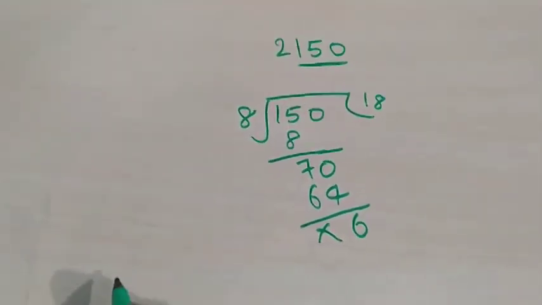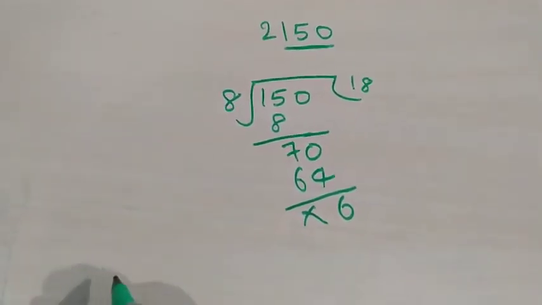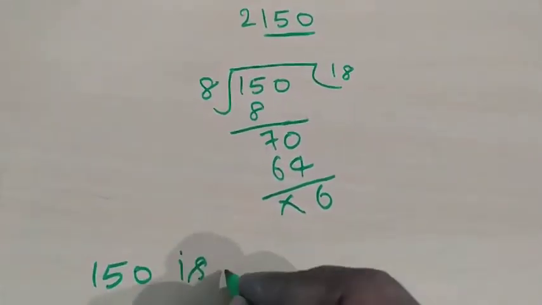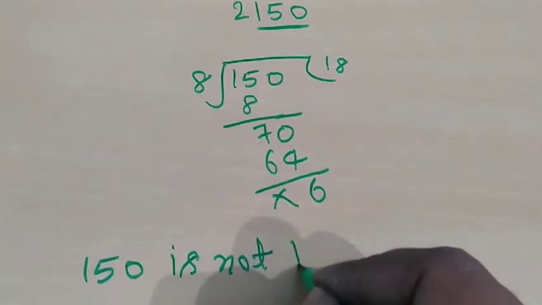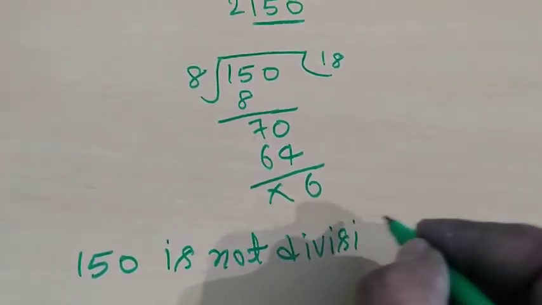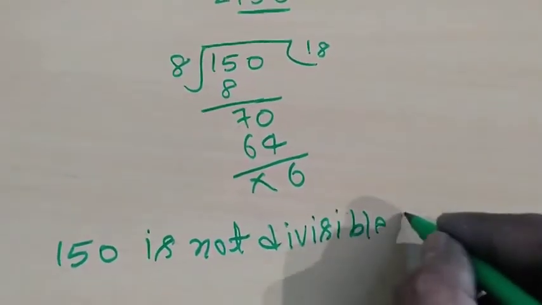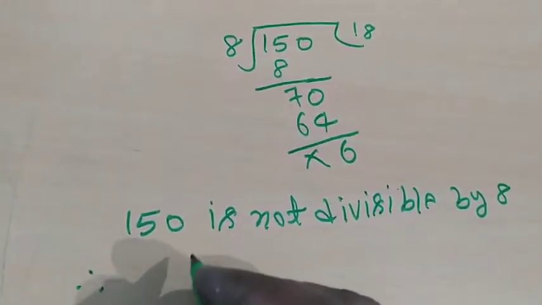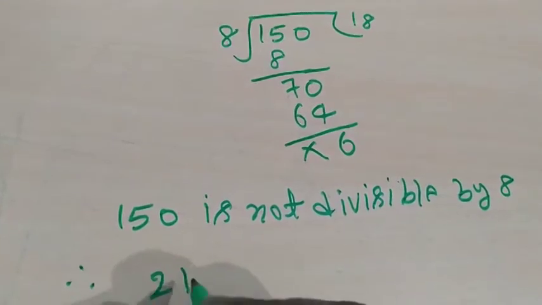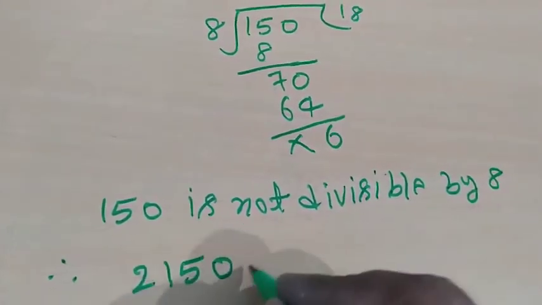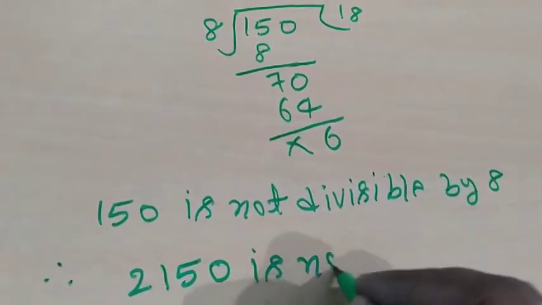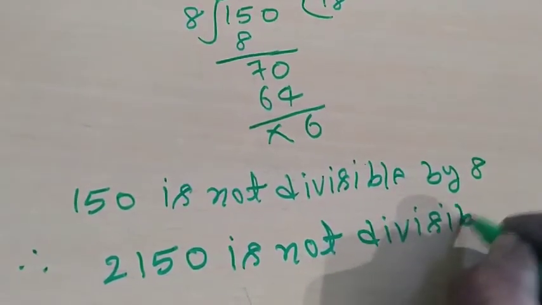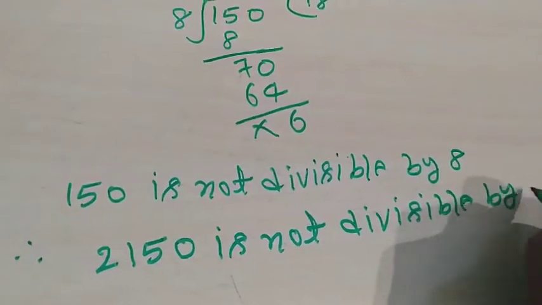So write here, from above, 150 is not divisible by 8. Therefore 2150 is not divisible by 8.